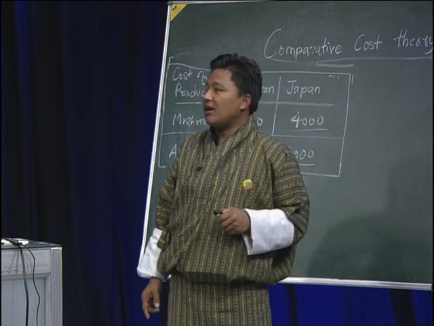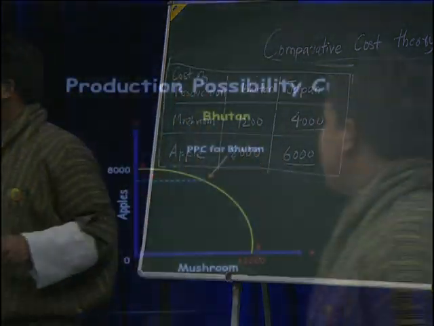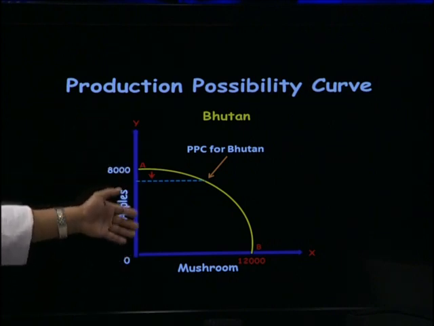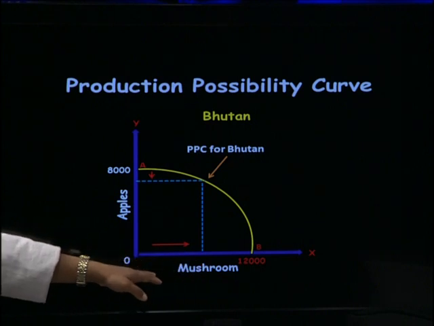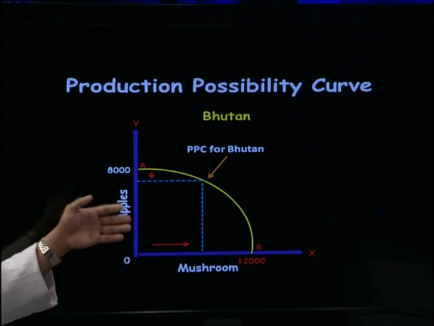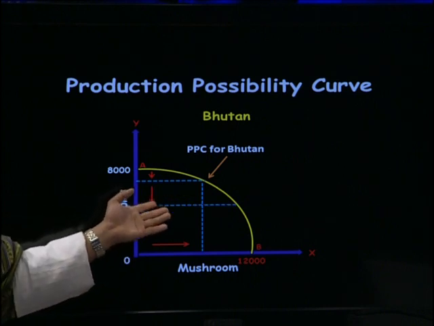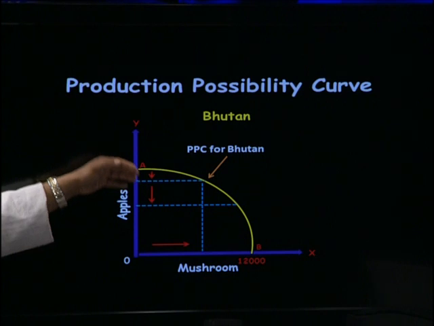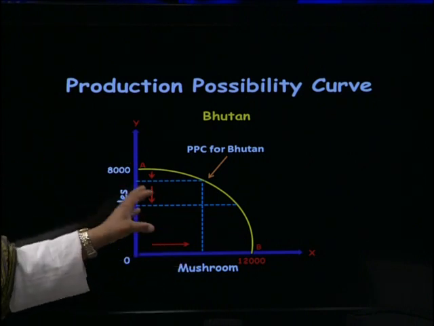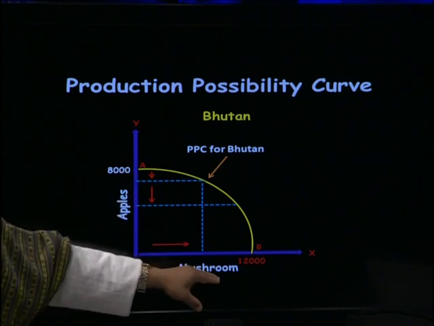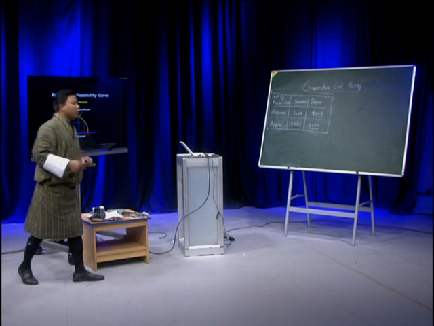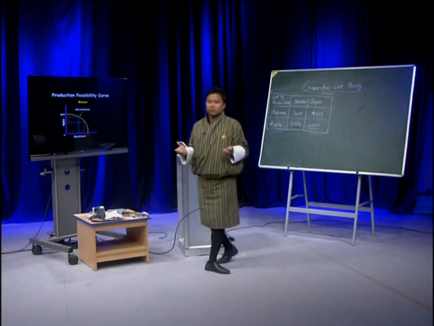Through this data, we know that when we decrease the production of one good, we can increase the production of another good. How? By diverting our resources. And this arrow shows that Bhutan has now focused all the resources in producing mushroom. So this is all about the production possibility curve for Bhutan.